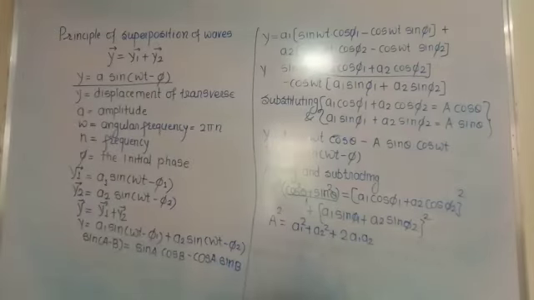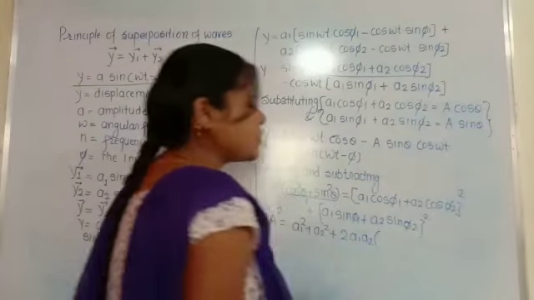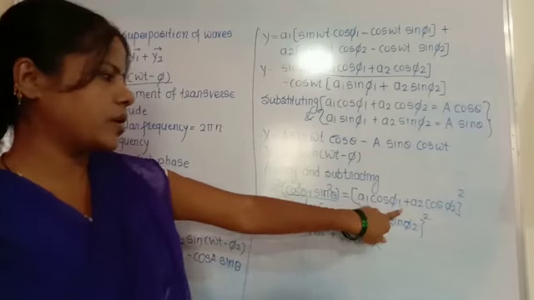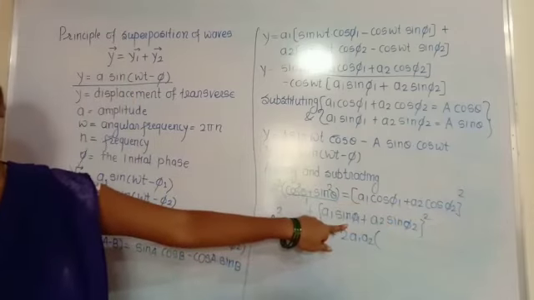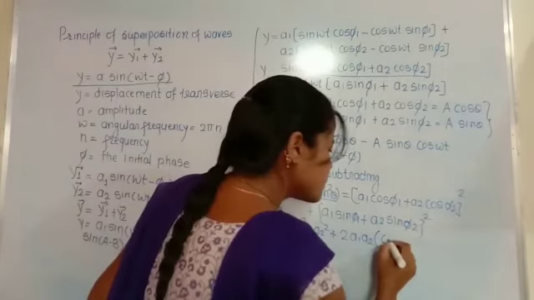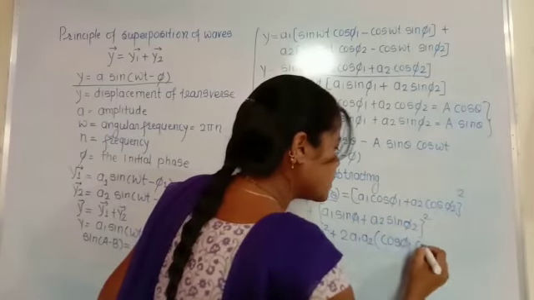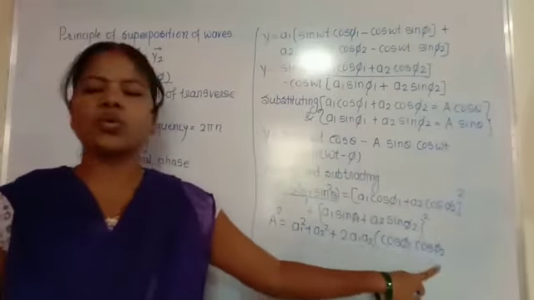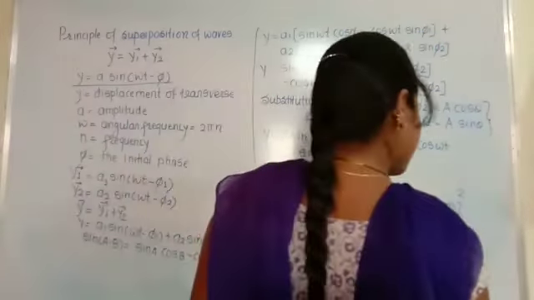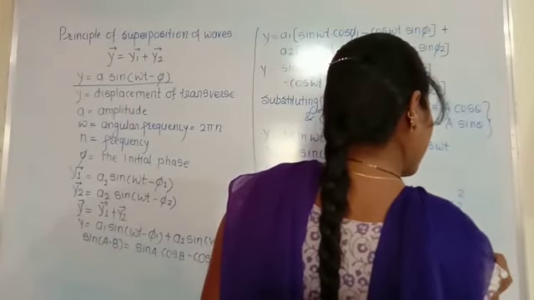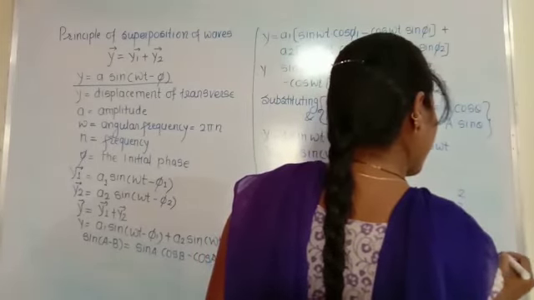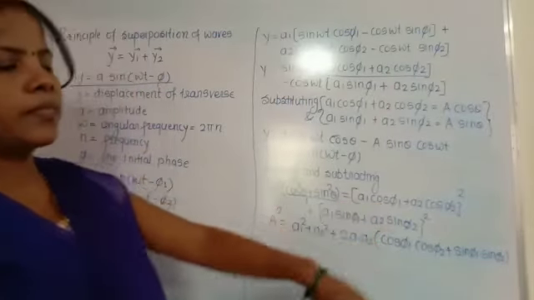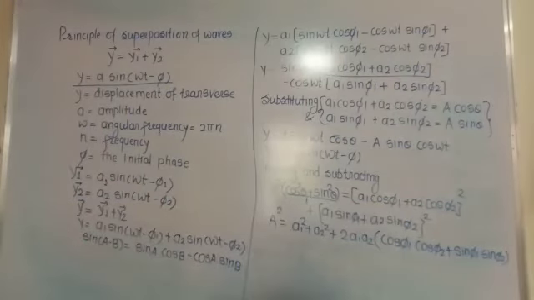In the bracket, first we write cos of phi1 into cos of phi2, plus sin of phi1 into sin of phi2. This is solving the a plus b whole square, so that type of formation is this, a plus b whole square.